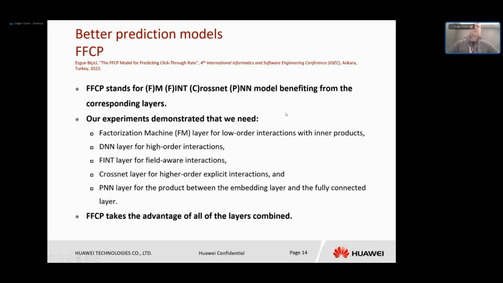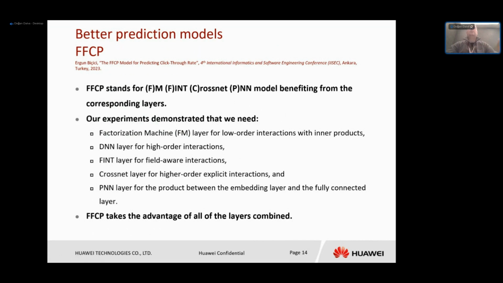The first model I want to talk about is the FFCP model. FFCP stands for FM, FINT, CrossNet, and PNN model, benefiting from the corresponding layers. It's a combination of the factorization machine for lower order interactions, a deep neural network for high order interactions, the FINT model, a separate CTR model for field aware interactions, CrossNet layer for higher order explicit interactions, and PNN layer for product between embedding layer and the fully connected layer.